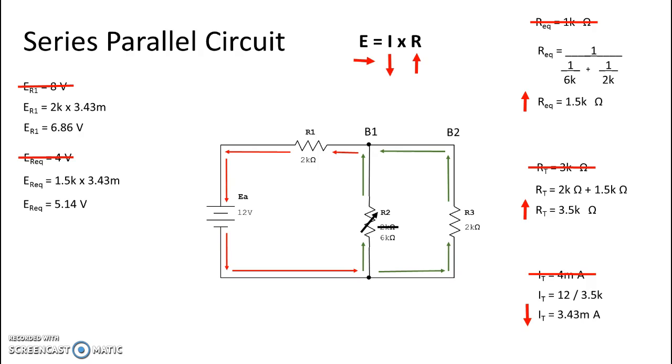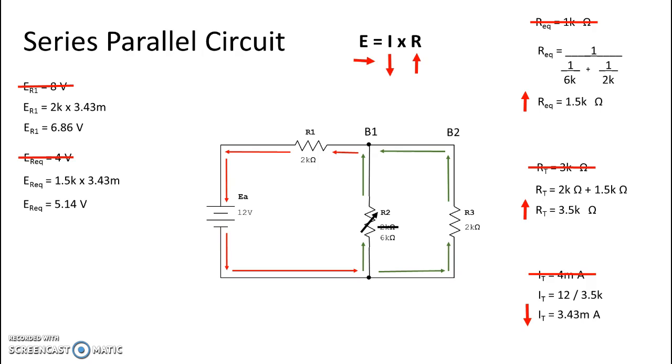This is something that you're going to see over and over in electronic circuits. When you have components where the ohmic value has not changed, but current has changed, you will find that their voltage drop follows current. So in this case, R1 has not changed, but current decreased, so the voltage drop across R1 decreased.